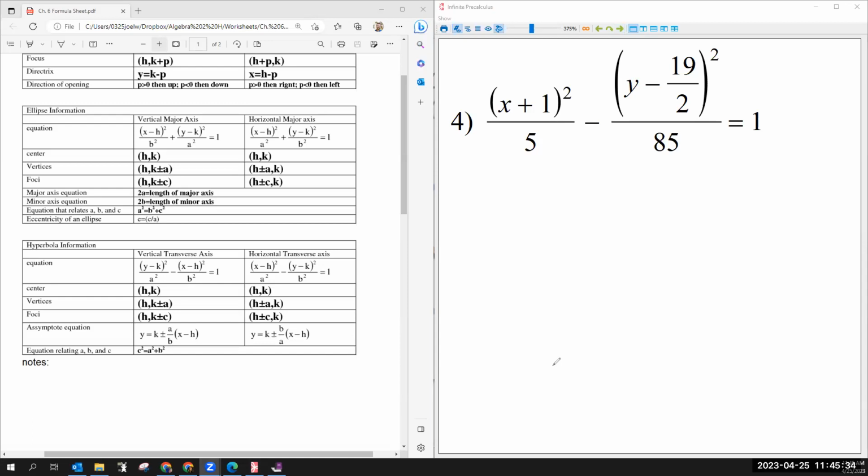Where is the center located for number 4? Yep. What is A? Yeah. What is B?